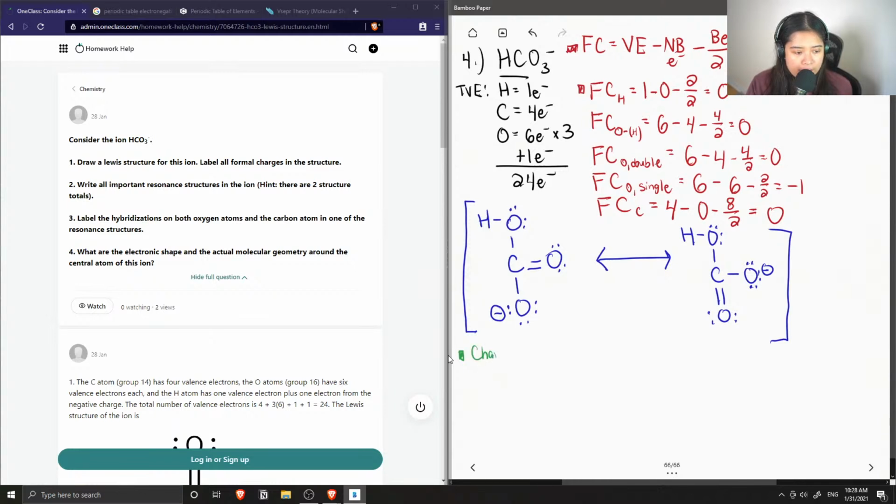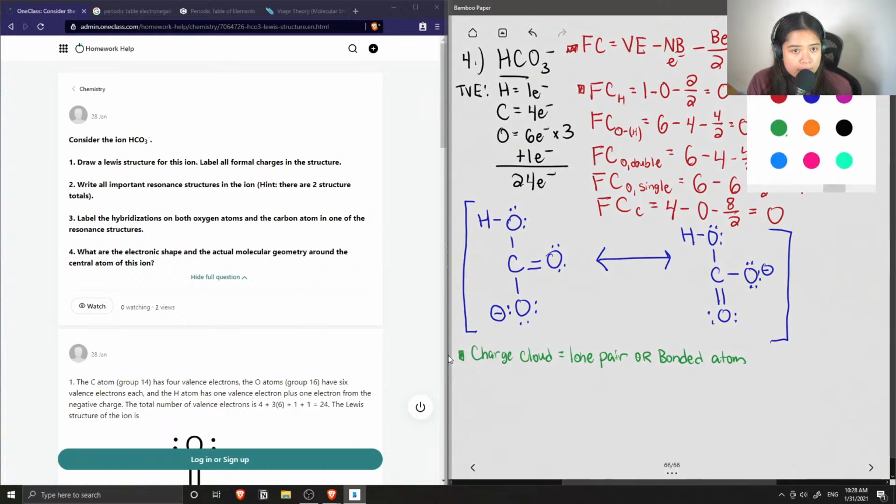So a charge cloud can be either a lone pair or a bonded atom. Let me label my different sections here. So this is part C, and this is part D, or being B.